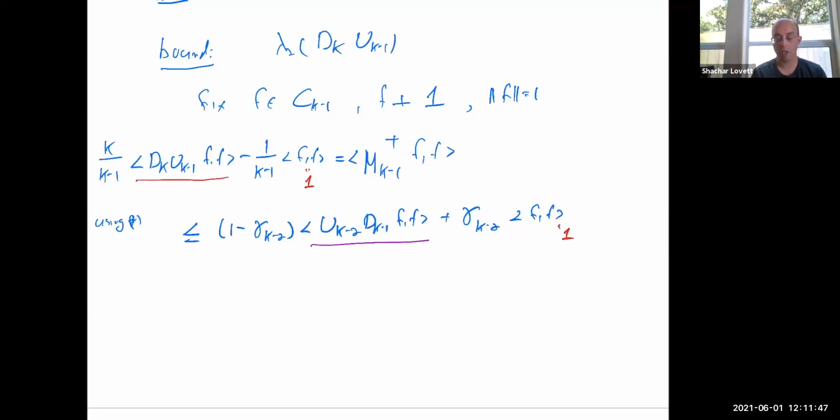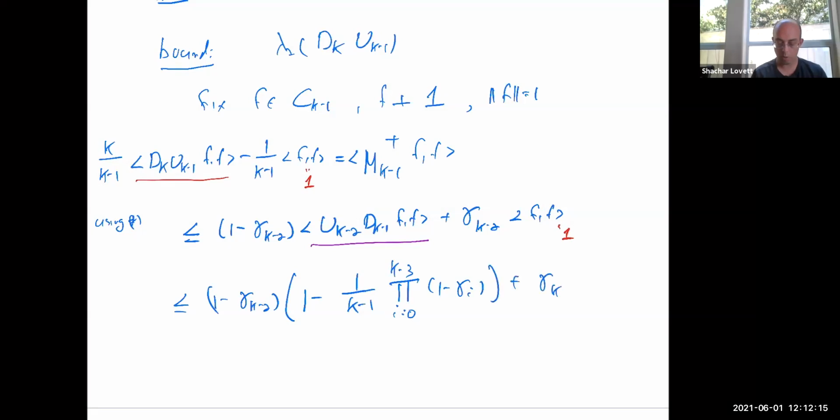So this is going to be smaller than (1 minus gamma_{k-2}) times, by induction, (1 minus 1 over k minus 1) times the product over i from 0 to k minus 3 of (1 minus gamma_i), plus gamma_{k-2}. Here we're using that the norm of f is 1. So this is the bound we have by induction.